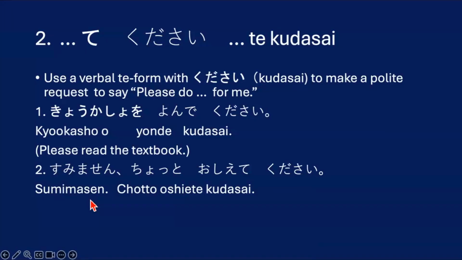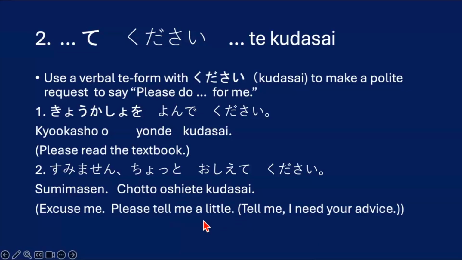So I'm stopping someone that I don't know. ちょっと is a little bit. 教えます。教える is to teach something or please give information. For example, like how to get to a place, like directions. And kudasai makes it polite. So it means, please tell me a little. Maybe I'm lost, right? So tell me, I need your advice. It's a very nice way to ask a stranger for help. すみません。ちょっと教えてください.